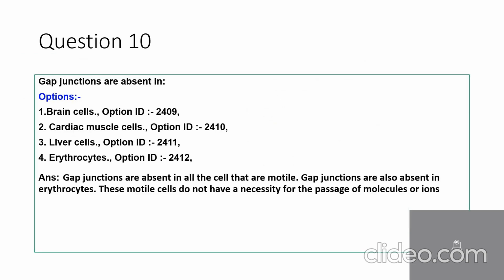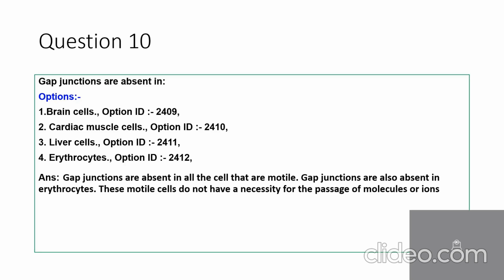Question number 10: gap junctions are absent in which cells? Gap junctions are there when there is a gap between two cells. Brain cells would have gaps, so they make these gap junctions fill that gap. In cardiac muscle cells also, in liver cells also.